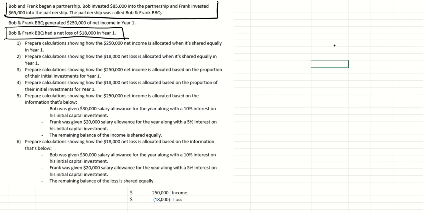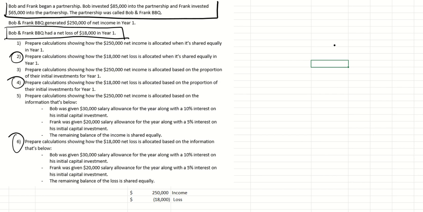We want to look at number 2, number 4, and then number 6. Numbers 1, 3, and 5 were already done in a video called Income Allocation to Partners. I believe that's the name of the video. So we only focused on the scenario and numbers 2, 4, and 6.